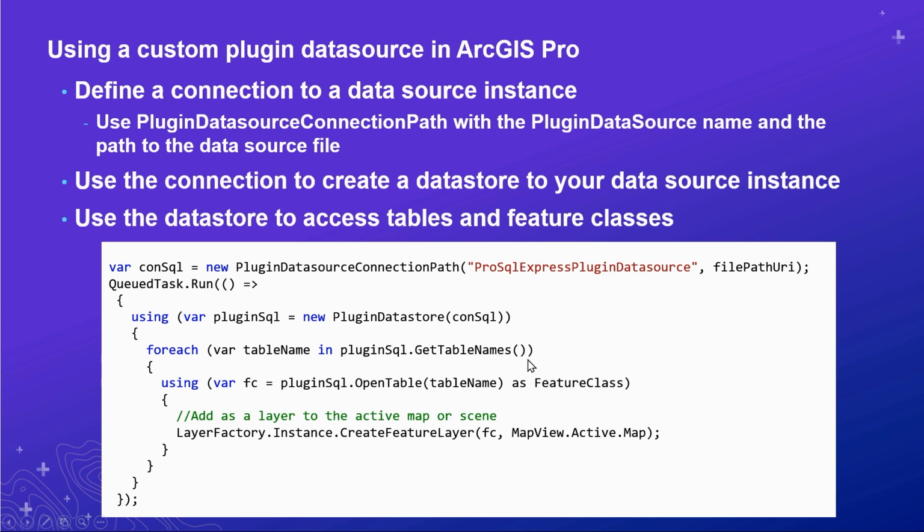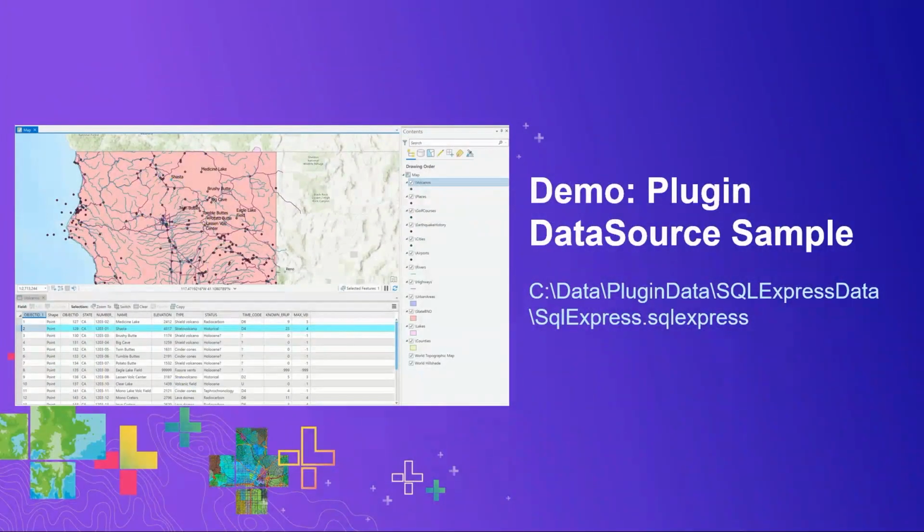And then using the table names, I can call open table on my instance of the plugin data store. And open table will return back to me either a feature class or a table. Now in this case, I say as feature class. Clearly this sample wouldn't work for tables, it will only work for feature classes. But once I retrieve the feature class from open table, I can now use the layer factory to create the feature layer and add it to the map. So that brings me to this demo.